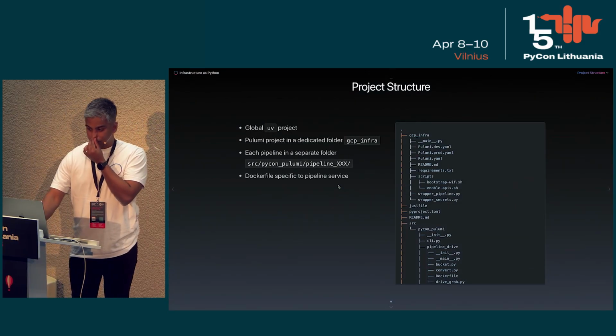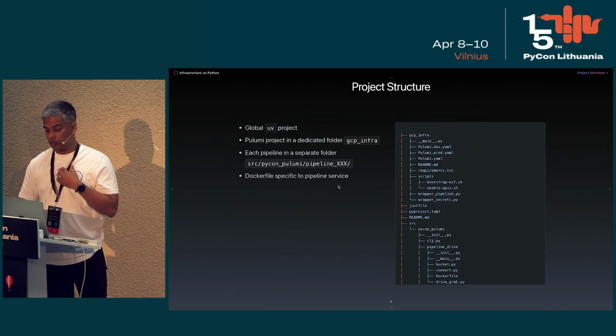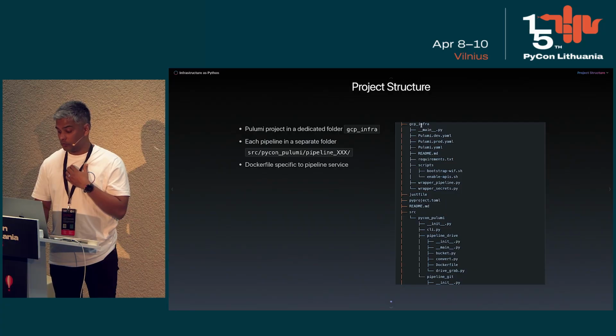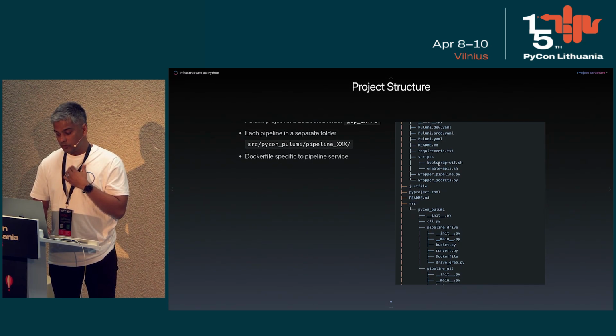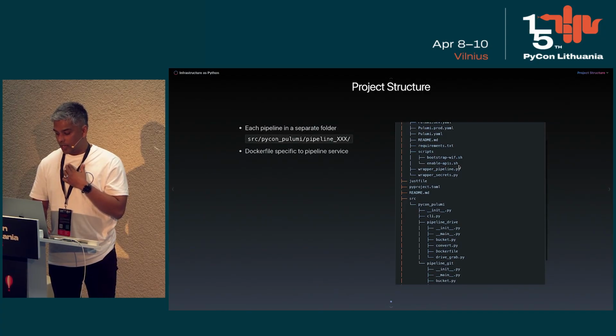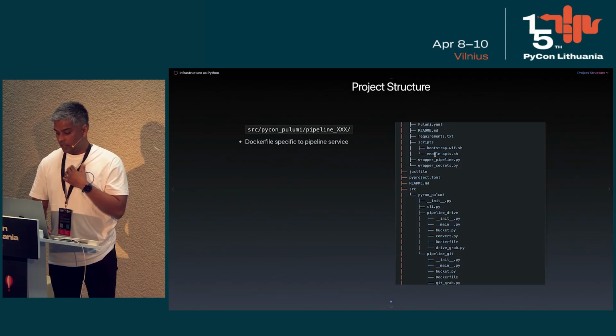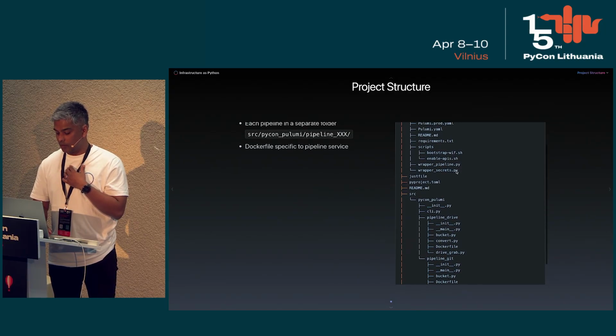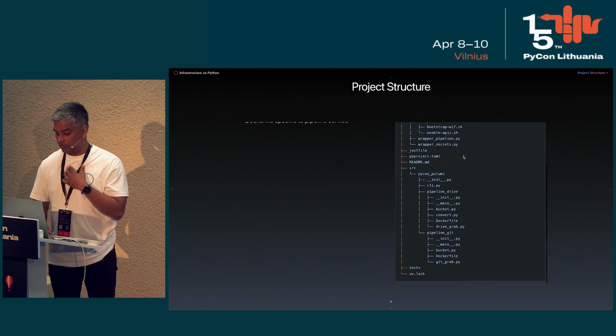Project structure. All of this is contained within a monorepo, and so here we've got your GCP infra folder, which has all of your Pulumi project. You can see both the project and stack level YAMLs. So we've got 2 stacks, dev and prod. There are some scripts here that I use for initial setup, so enabling the APIs and some of the permissions, and then also the wrapper pipeline and wrapper secret modules that were the refactor.